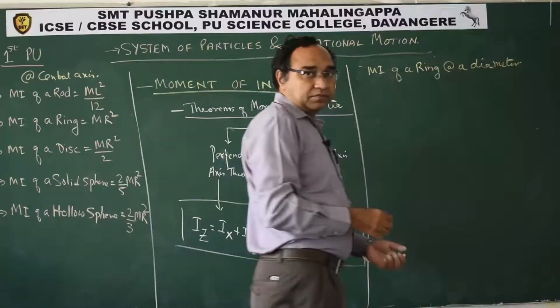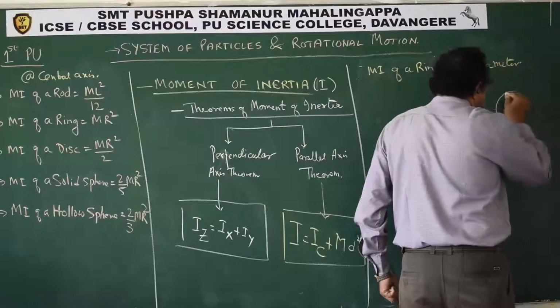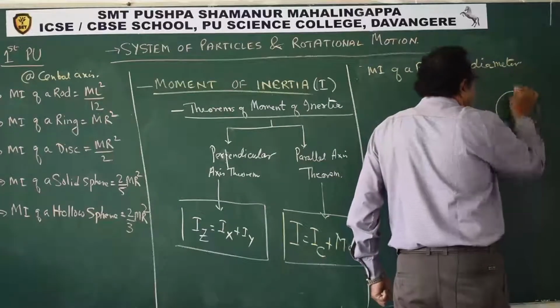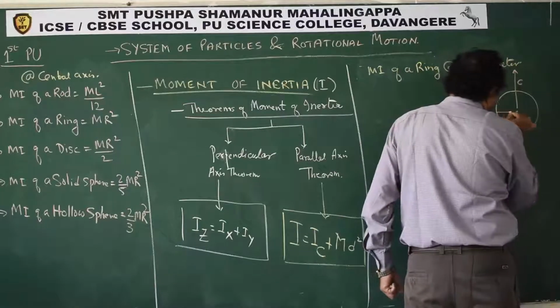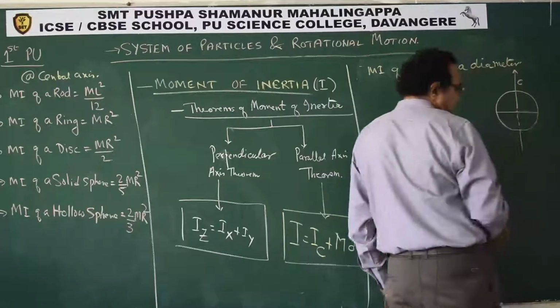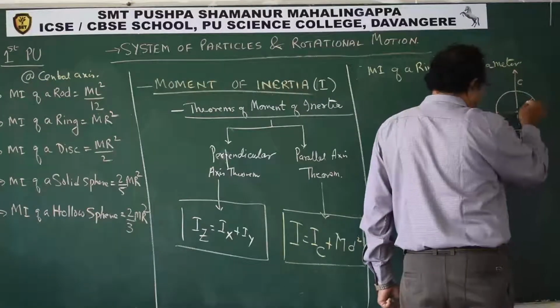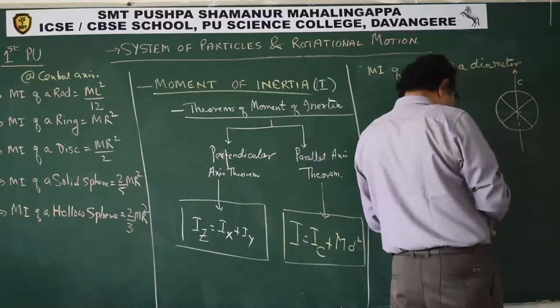About a diameter. Now if you see the figure, it is like this. This is a ring. This is the central axis and you are asked about a diameter like this. Now observe, I can do it this way, with two diameters.